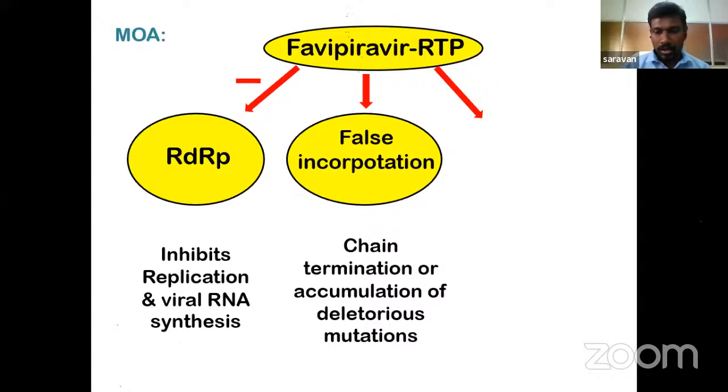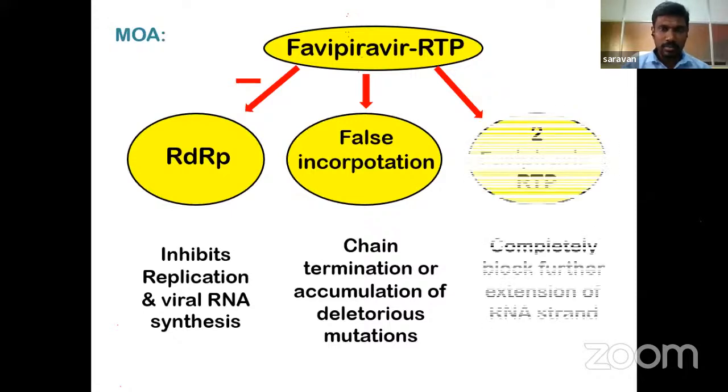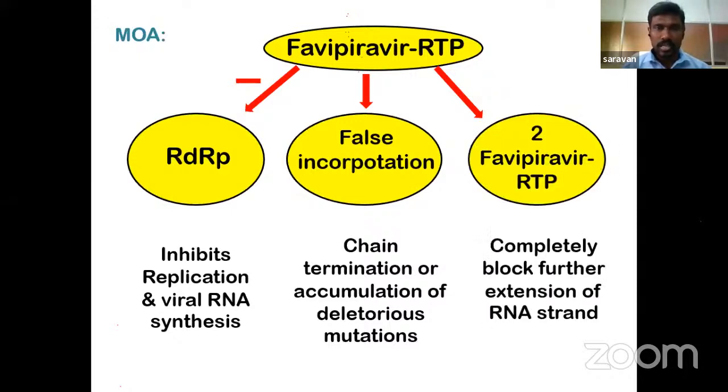If two molecules of favipiravir RTP get incorporated into the viral RNA, there will be a complete blockade of extension of the RNA strand, which leads to a complete block of the viral replication process.